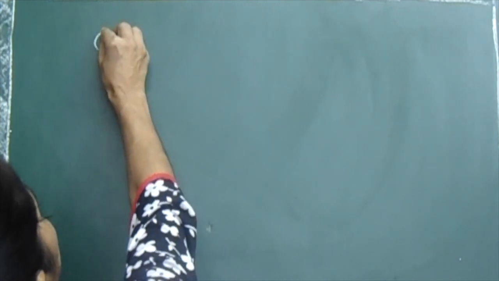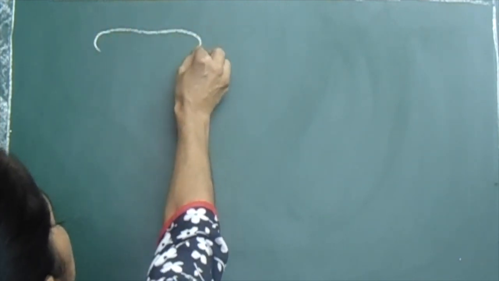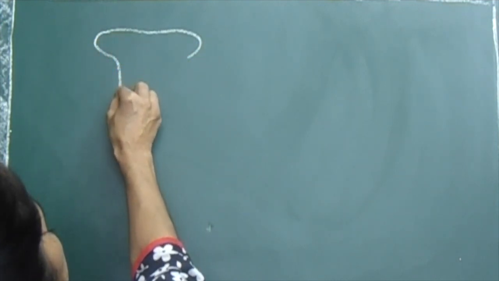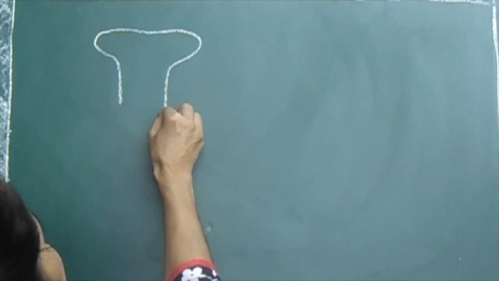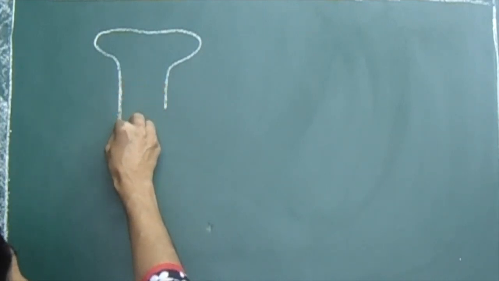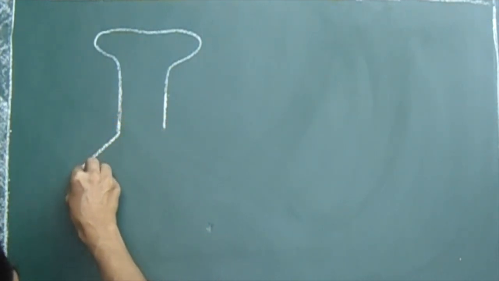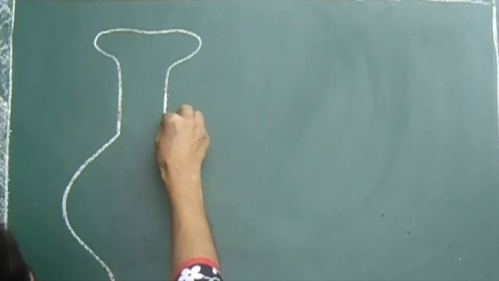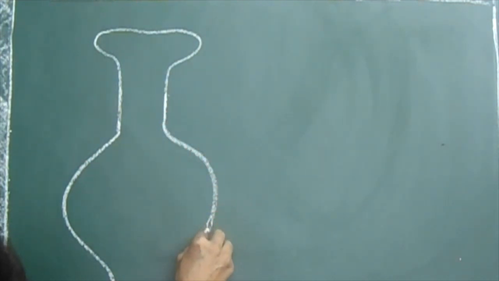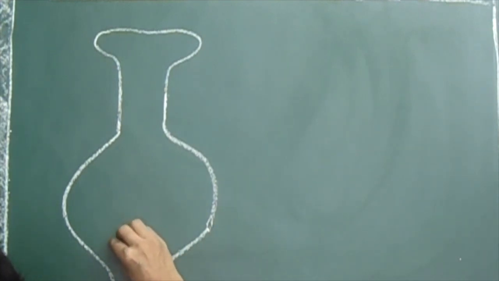We'll start the diagram. Make it a little bigger. Very easy. Yesterday only we have drawn the structure of the flower. Almost the same. Second step, we'll draw the outer line, how we have drawn yesterday.